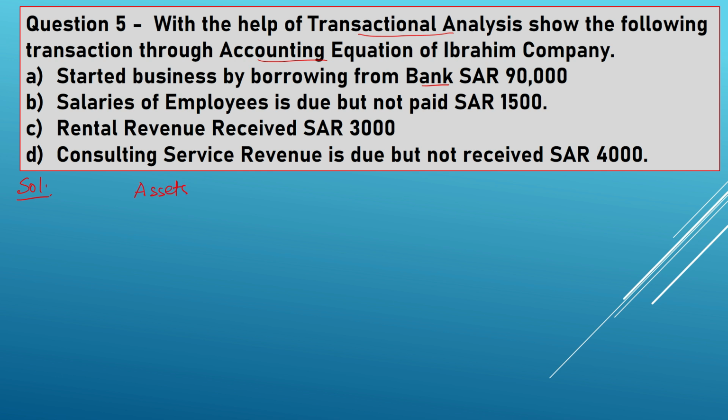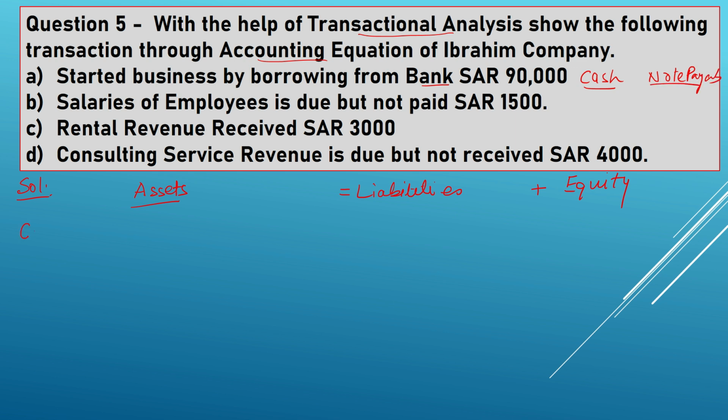First of all, assets is equal to liabilities, then plus equity. Okay, first item is started by borrowing. So here in this we have two items, cash, and if you are borrowing it will be notes payable. So cash is an item of asset.